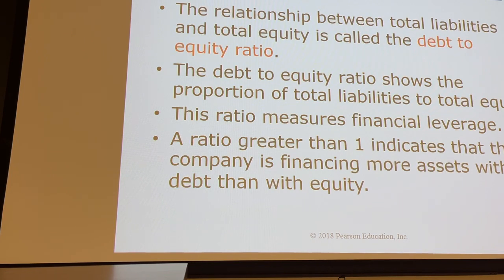This ratio tells us basically whether the company is financing its assets more with debt or with equity. So if the ratio is greater than 1, they're financing their assets more with debt than with equity. If it's less than 1, they're using more equity than debt to finance their assets.